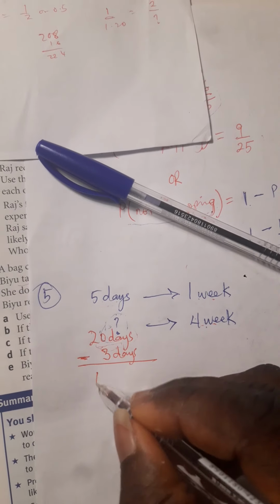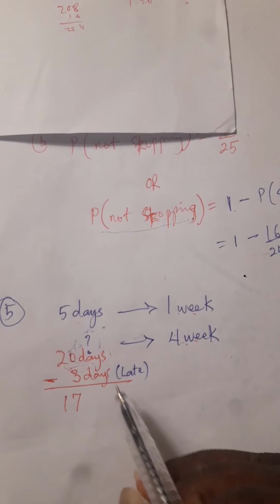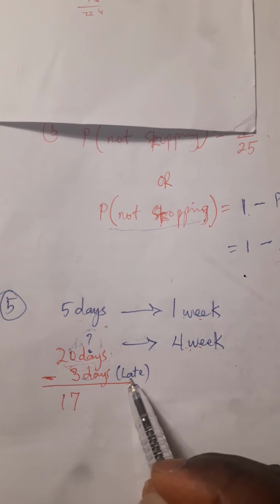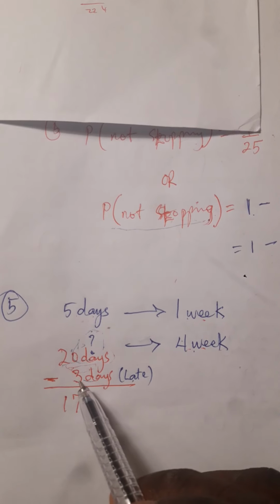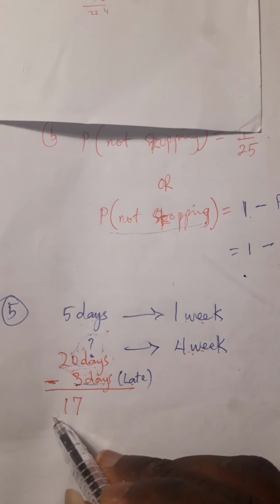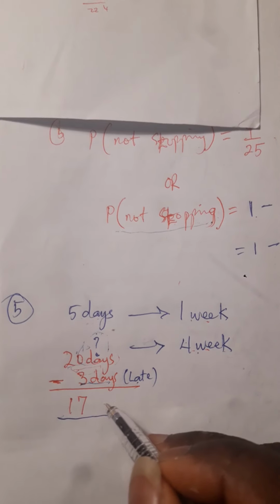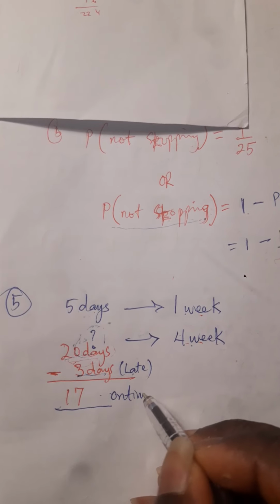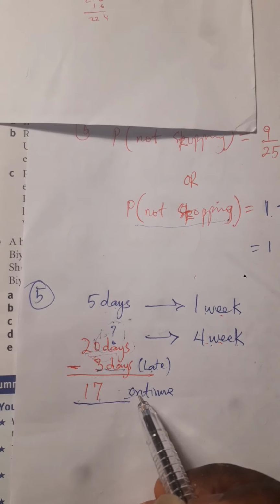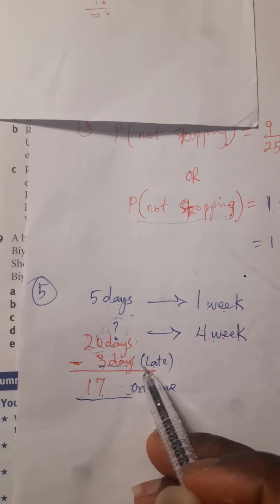Now I have 17. Out of these 20 days, she went to school late on 3 days. Now it means that on the remaining days she was on time. That is 17 days she goes to school on time and 3 days she was late.